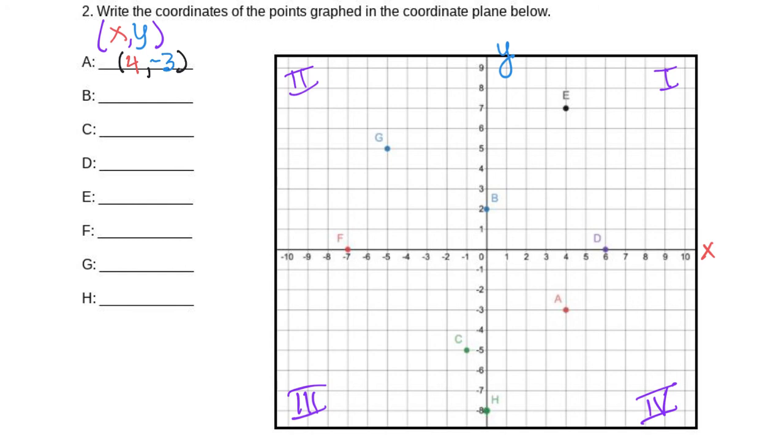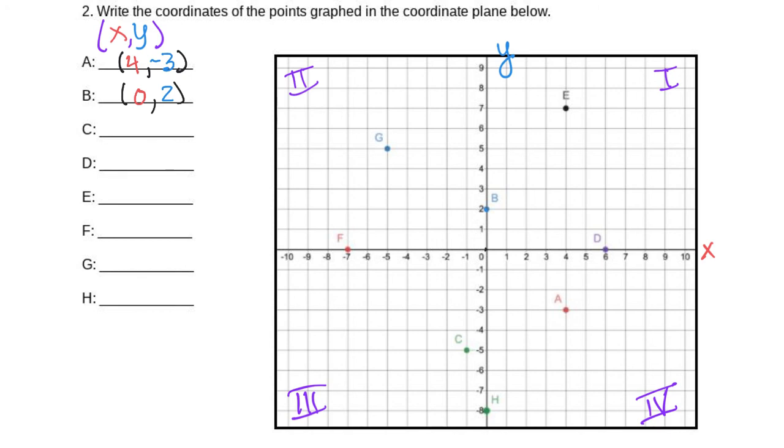Looking at B, it is here on the y-axis. And so the x coordinate here, it's not going left or right at all. So that makes that 0. And the y coordinate is up 2 right here. And so it's going to be 0, 2 for that point.